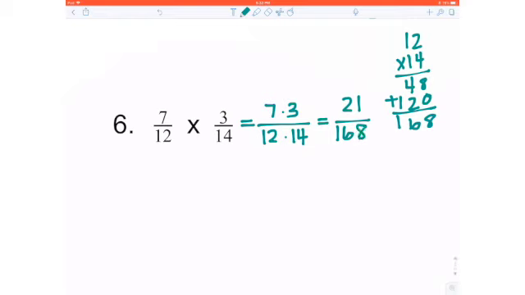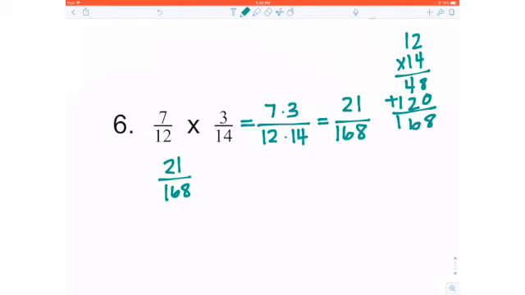Now, can we divide the top and the bottom by a number? Because we need to simplify this, right? 21 over 168. I'm going to put it down here so it's easier to see. Well, yes, we can divide by 3. 2 plus 1 is 3, which can be divided by 3. And 1 plus 6 is 7, plus 8 is 15, and 15 can be divided by 3.